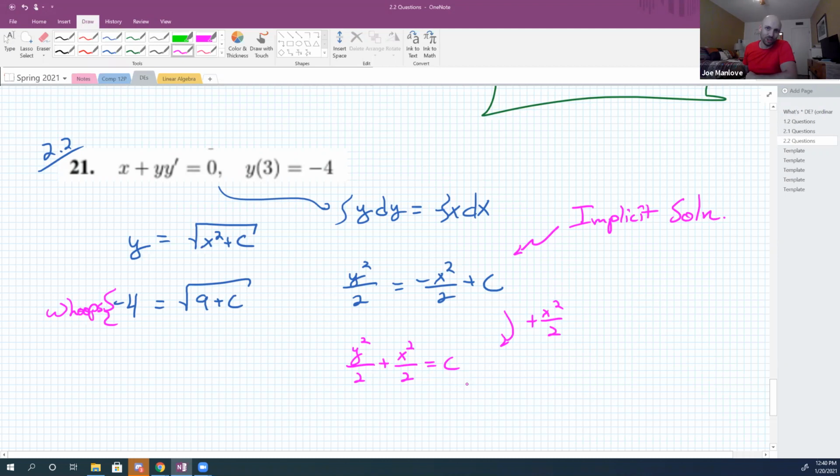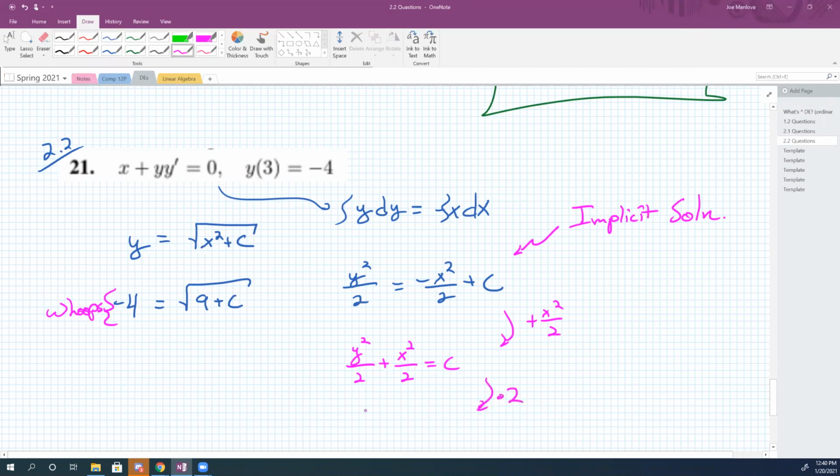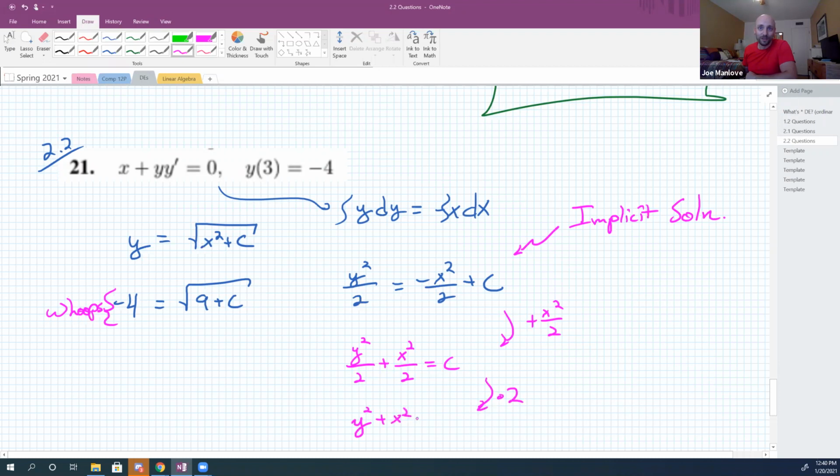Ish being the problem. Okay, so if I add x squared over 2 to that side, to the left, you get this thing. Is this starting to look familiar? Yeah, that looks like Pythagorean theorem-ish. Okay, if you multiply both sides by 2, you get this thing.